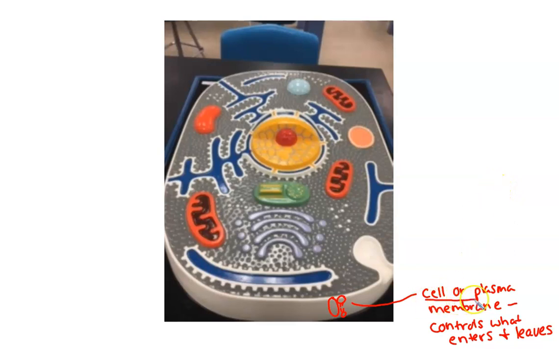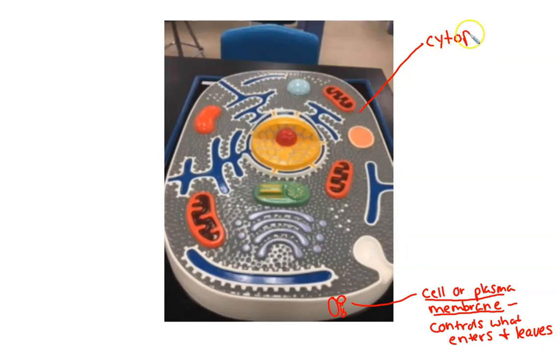So as we continue around, we're going to notice all this gray stuff that's surrounding all the other organelles, and so I'm going to label that one up here. So everything inside of the cell membrane, excluding the nucleus here, everything else is being held together or is known as the cytoplasm.